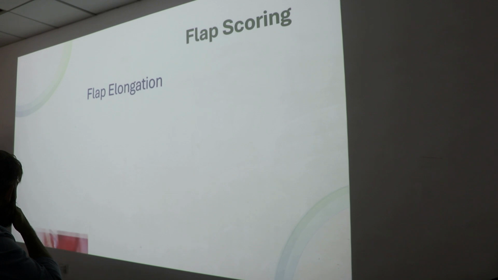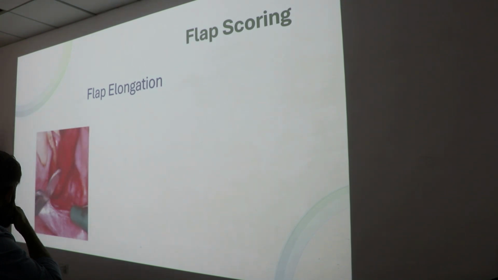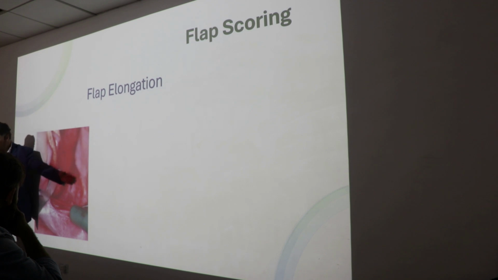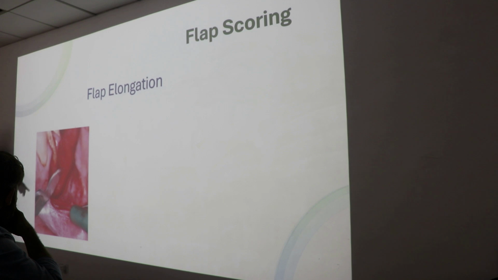That's why for flap elongation, the first technique, as the doctor said, is that we need to cut or separate the periosteum from the mucosa. Today in the workshop, all of us will do this technique. 1 line incision is enough. See the inner part of the flap, identify where the mucosa is, a new blade is recommended, 1 line, and that's it.